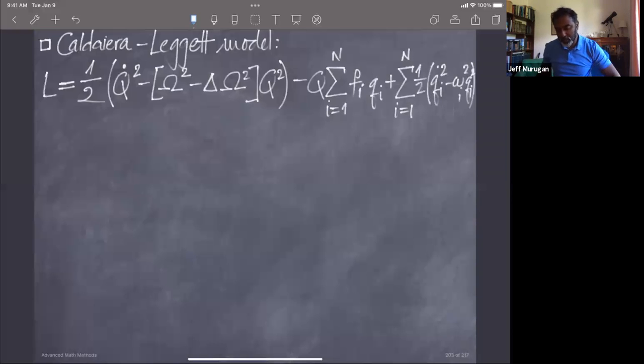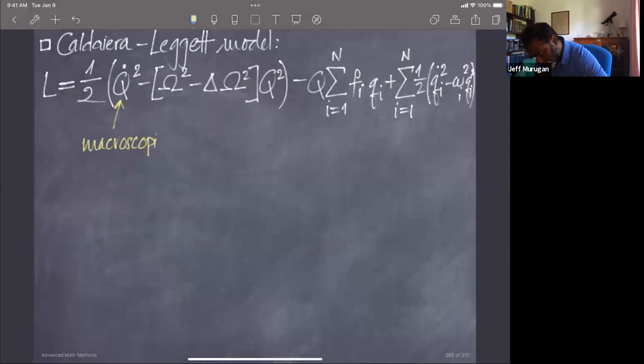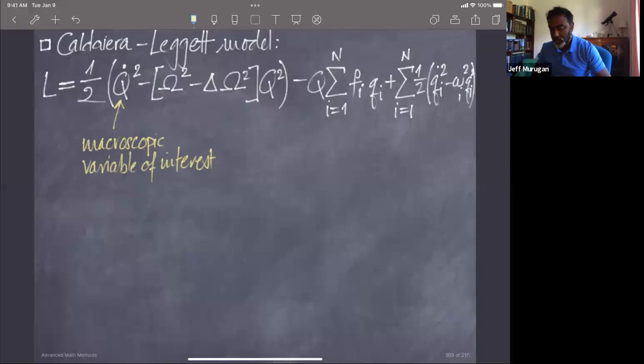Okay, so let's unpack each of these things. The dynamical variable that we're interested in is this variable Q. This is the macroscopic quantum variable that we're interested in. This term here corresponds to a bath of harmonic oscillators.